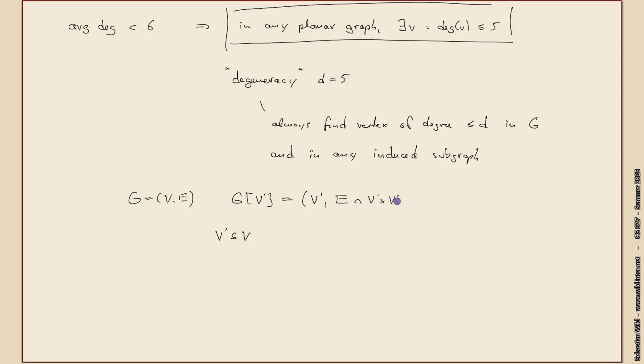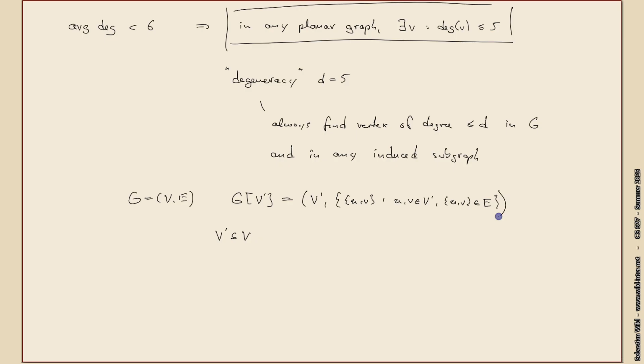A concise way to write this is to take the edges as a set of 2-element sets, or yeah, I guess I'm cheating a tiny bit here. Maybe I should write it out just to be formal. It's all the edges uv in the graph so that u and v are in V prime, and the same edge exists in the original edge set of the graph.